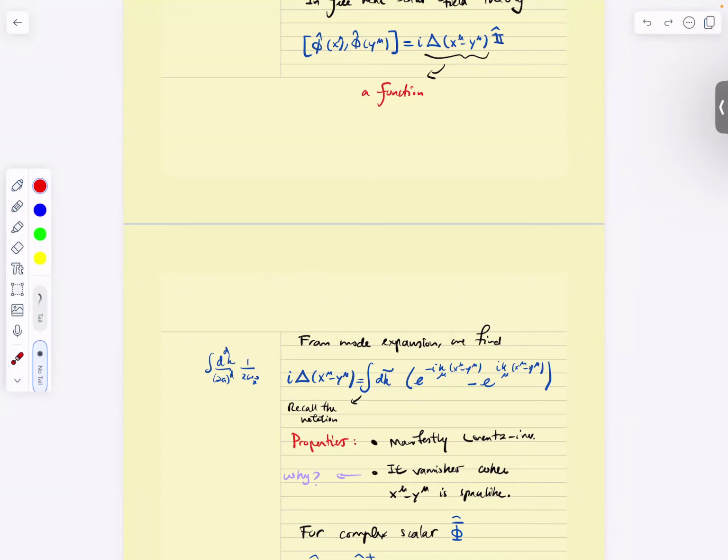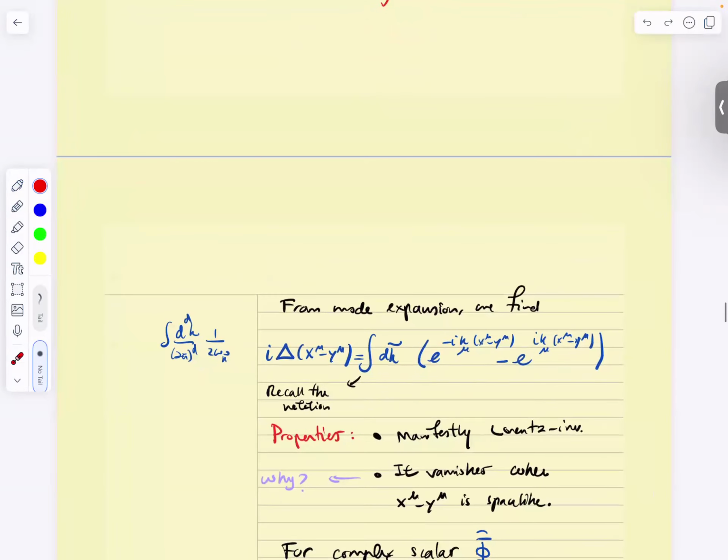The second term with a minus sign gives you this. Right? All you need to calculate is the first term, because for the second term, you just flip the sign of x^mu minus y^mu. I put an extra minus sign. Now, why is the two-point function this thing? Well, do the calculation. You've done the calculation. This is what the two-point function is.